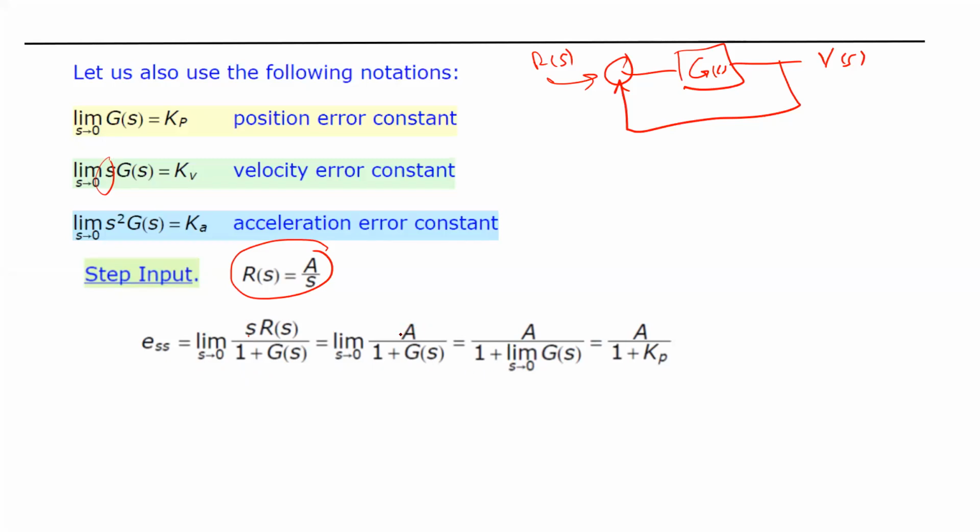A is not a function of s, 1 is not a function of s. And this is basically my Kp, which I define in here.